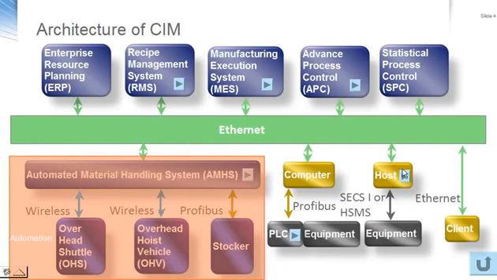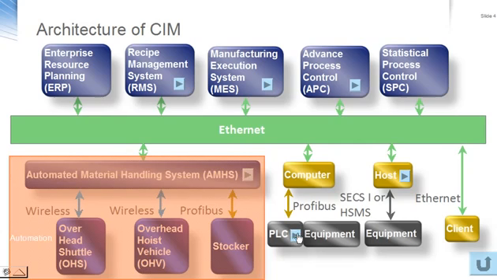Okay, that is the host function. The host will send the data to the SPC, APC, MES, RMS. And if your equipment does not have the SECS or HSMS protocol, you need a POC to get the data from the equipment and send it to those systems.